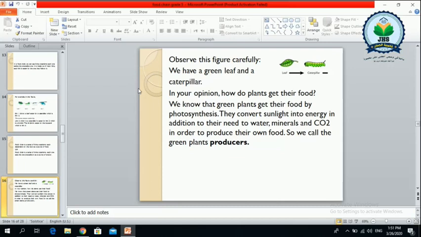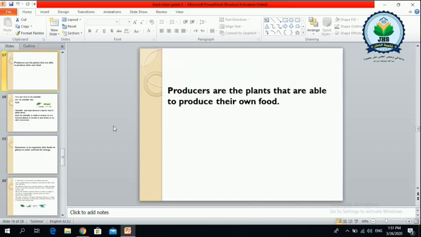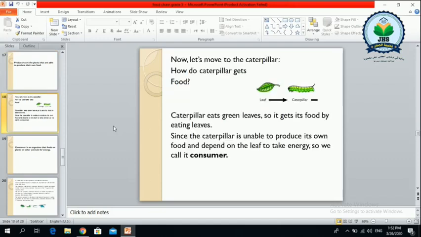They convert sunlight into energy, in addition to their need for water, minerals, and carbon dioxide, in order to produce their own food. So we call the green plants producers. So producers are the plants that are able to produce their own food. Now let's move to the caterpillar.